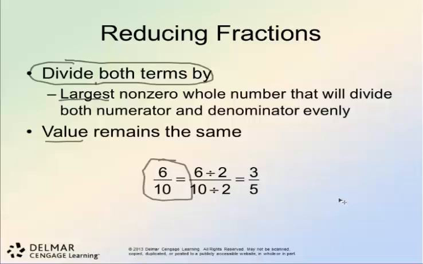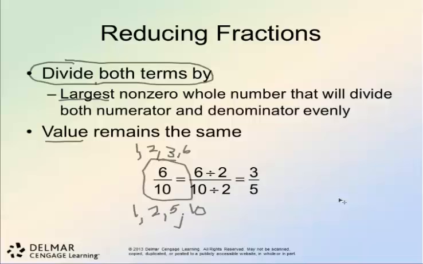So if we look at the fraction 6/10, we look for the factors of 6. The factors of 6 would be 1, 2, 3, and 6. And normally we don't write them out. The factors of 10 would be 1 and 10 and 2 and 5.